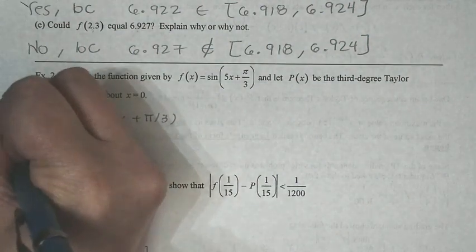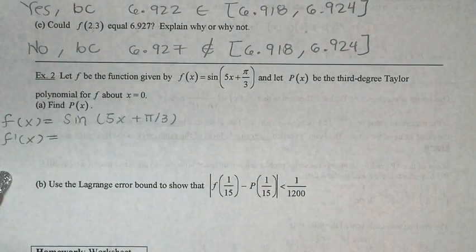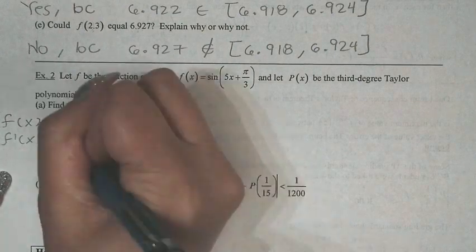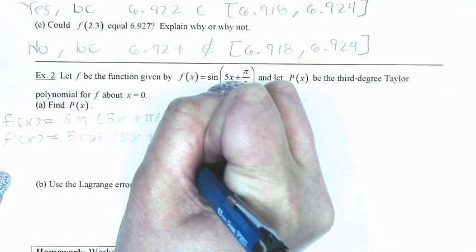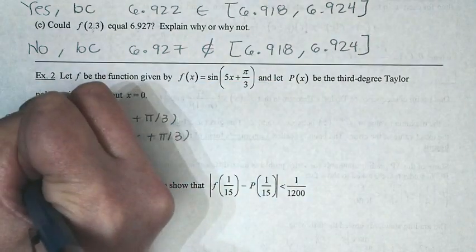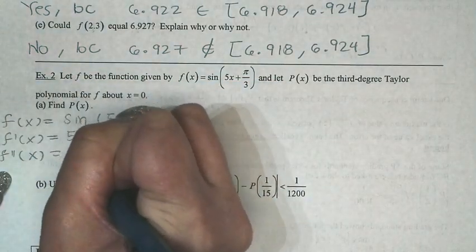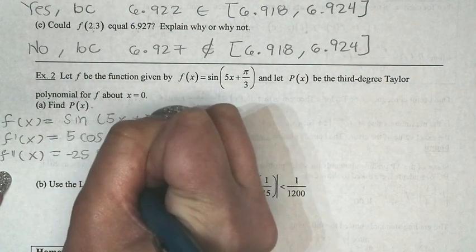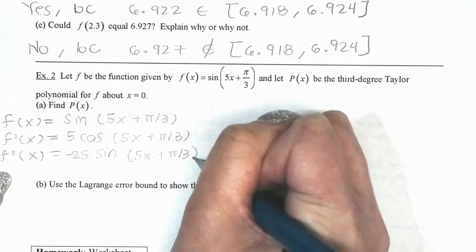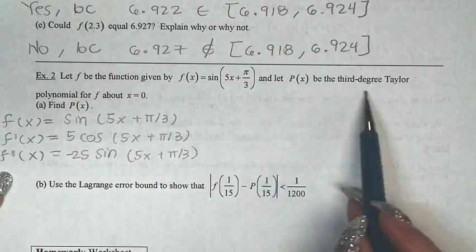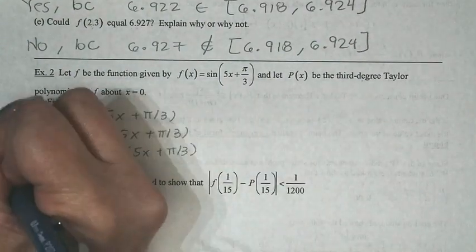So take the first derivative. When in doubt, take the derivative. You know that the derivative of that is 5 cosine of 5x plus pi over 3. The second derivative is going to be negative 25 sine of 5x plus pi over 3. How do I know when to stop? Well, they want the third degree, so I need the third derivative.